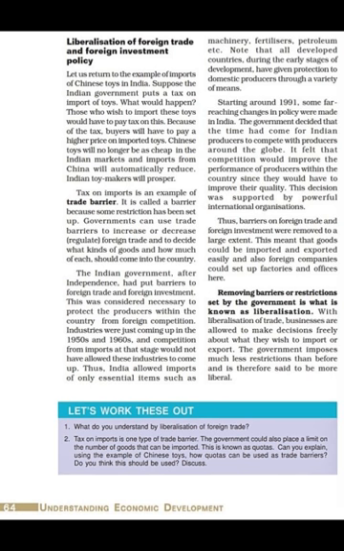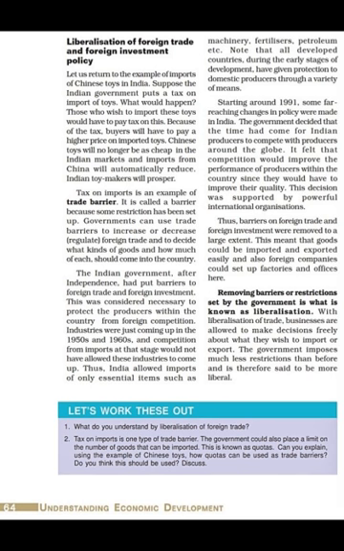It felt that competition would improve the performance of producers within the country, since now they would have to improve their quality. And this decision was supported by powerful international organizations like the WTO. Under their pressure, the government of India brought these reforms, new economic policies in 1991.